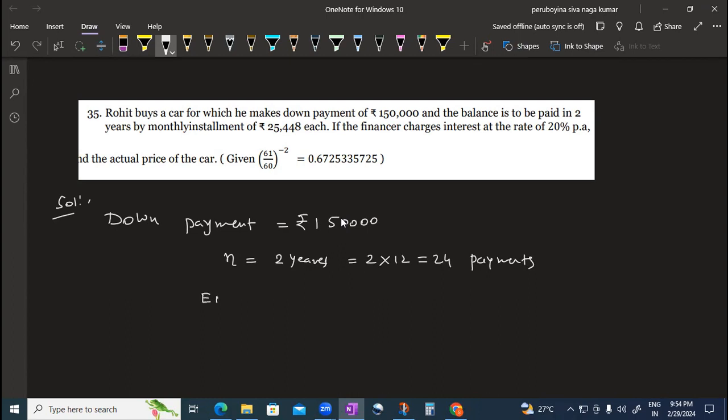The monthly EMI was given: EMI is equal to 5448.